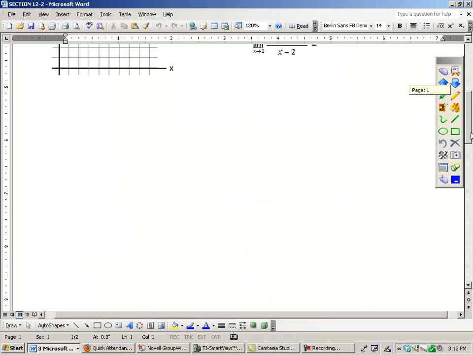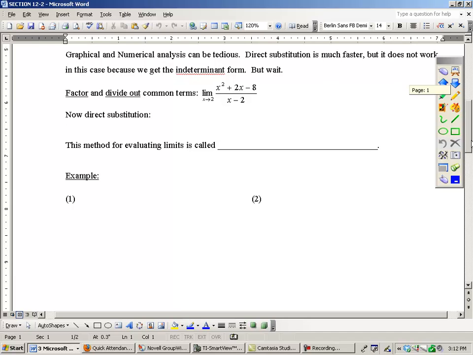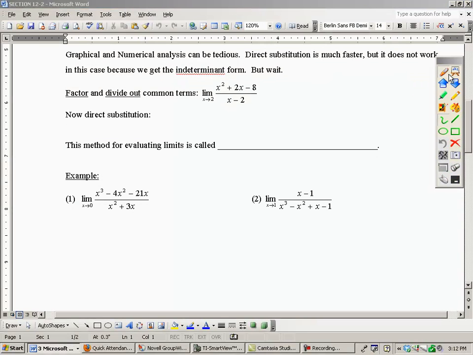So let's go down and see what we can find. As we look at this, direct substitution is much faster, but you, again, will get indeterminate form. So we factor like we did before. If I factor things out, there's where my hole is, and I'm left with x plus 4.